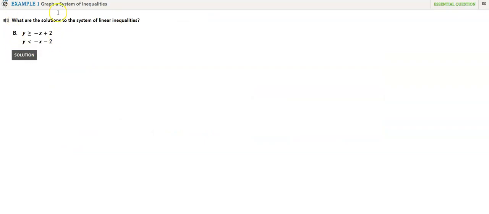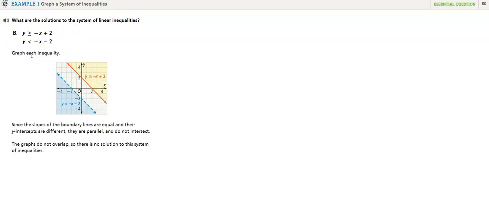All right, and just like all of our inequalities and equations, we can have multiple different types of solutions. So if you have two parallel lines, and their shading is going in opposite directions, you can have a system of linear inequalities that has no solution, okay?